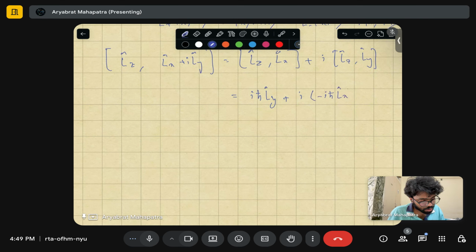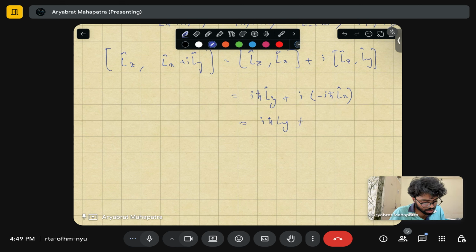So from there you get I h bar LY, and minus I times minus I gives you I squared, which is minus 1, and then you already have another minus, so that is plus.